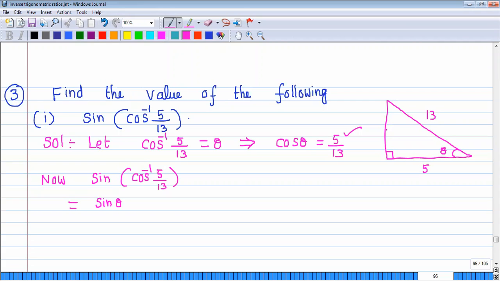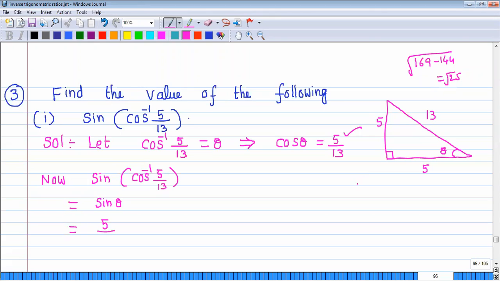What will be the opposite side? 13 square is 169. 5 square is 25. 169 minus 25, take the square root. So from this triangle, what is sine theta? Opposite side by hypotenuse.